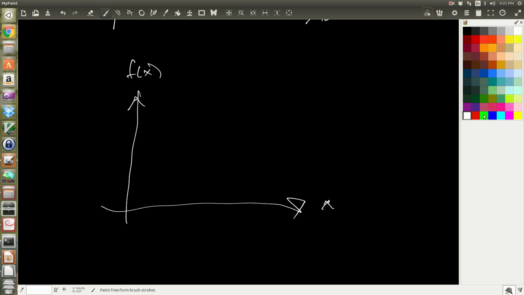If our function crosses the x-axis, we're looking for this point right here. If I was to plot the absolute value of this function, it would look something like this, because over here where it goes negative, if I take the absolute value, it becomes positive.